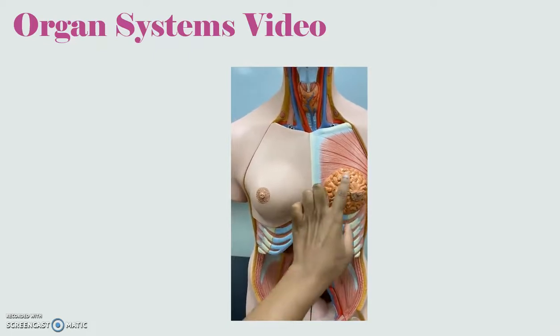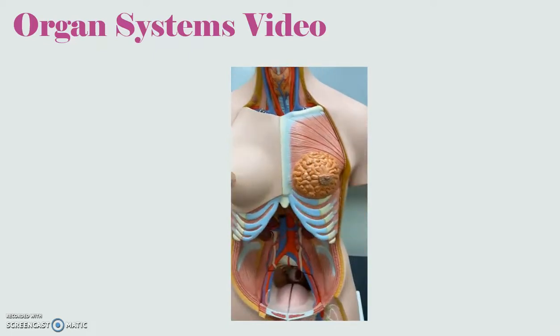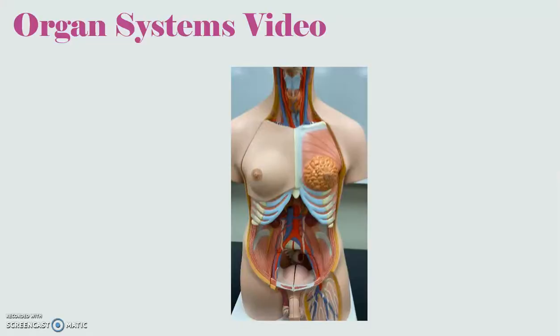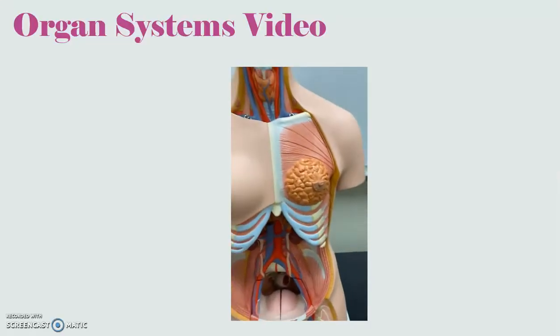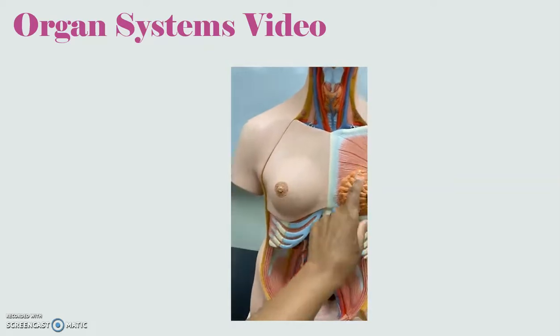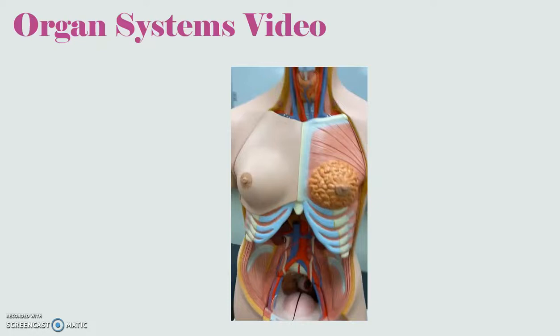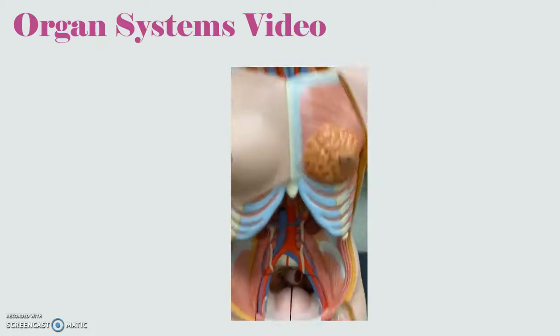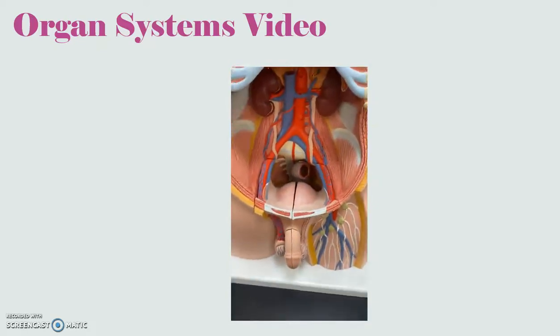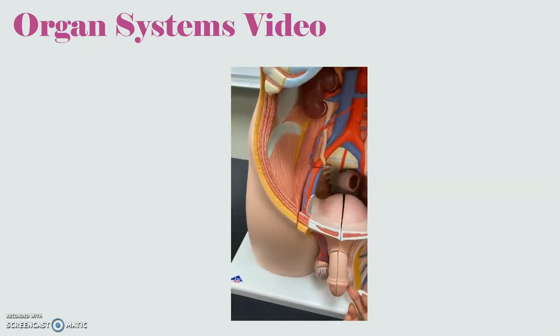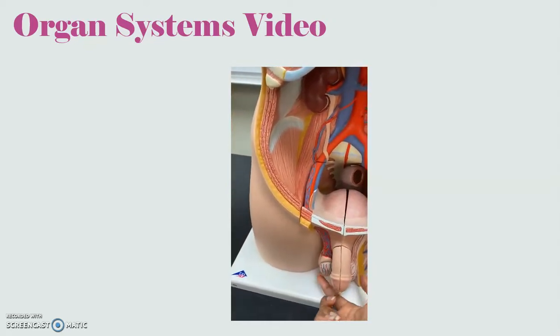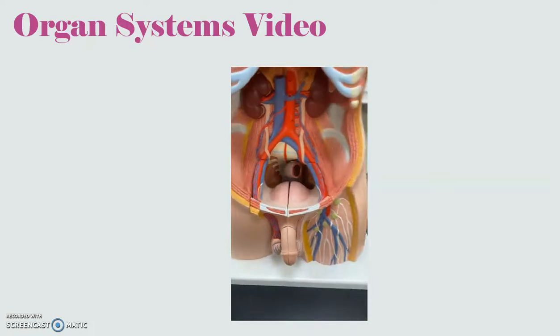These are your mammary glands, a lot of mammary tissue that are giving it breasts, okay? But it is also going to represent the male reproductive system. So you can see the penis, the scrotum, that's housing the testes, okay?